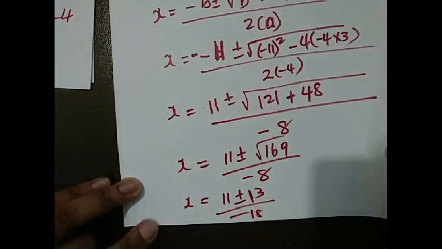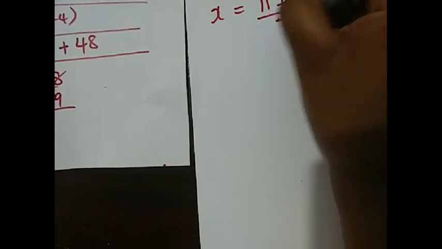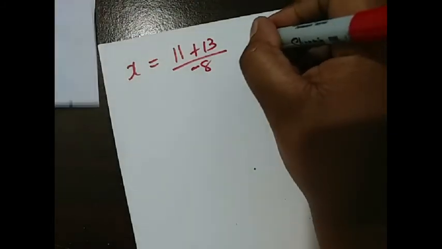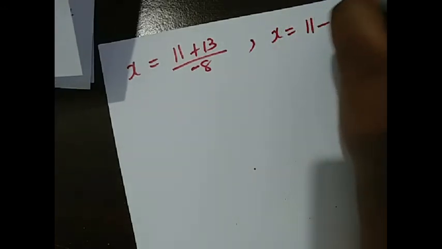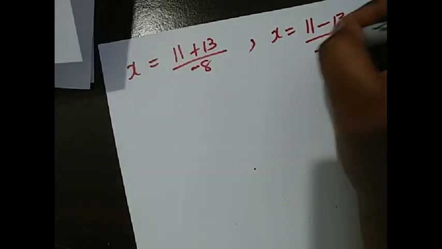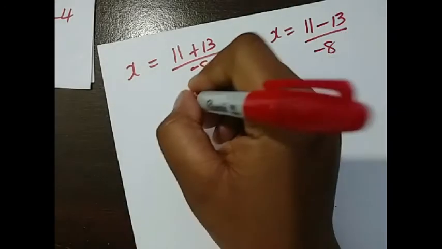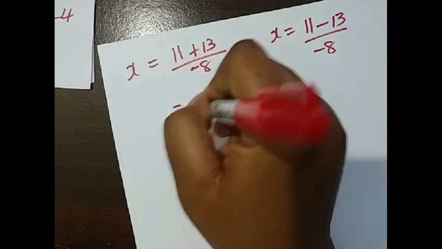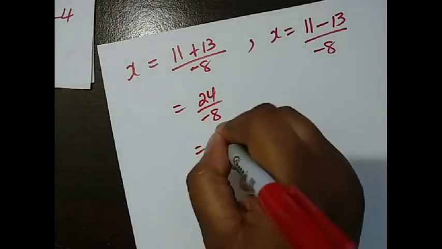So now we can find the two values of x. x is equal to 11 plus 13 over negative 8, and x is equal to 11 minus 13 over negative 8. 11 plus 13 gives me 24. 24 over negative 8 gives me negative 3.